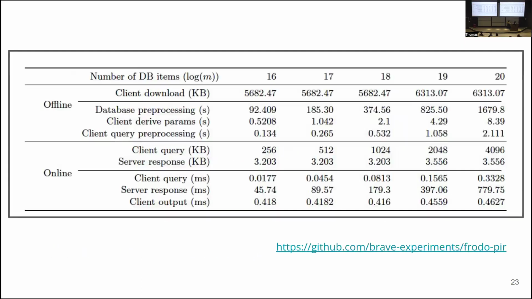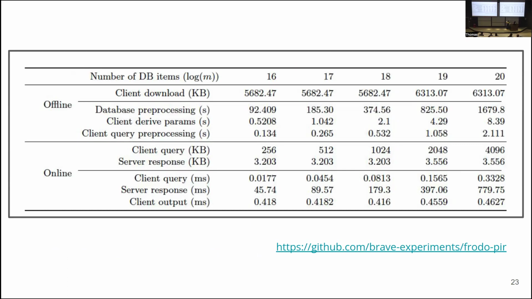If you're interested now not only in the complexity, but actually in times, you will see here that at least in the online phase, we're very, very cheap. We're in the order of milliseconds, right? So for the client, this is really easy to execute because they only have to spend some milliseconds performing the operations. For the server, it is a little bit more costly, and that is represented in the server response as you see here, because they're going to be performing a computation that is a little bit heavier.